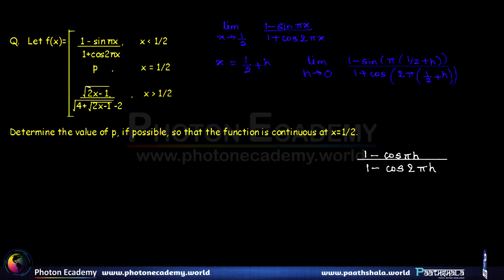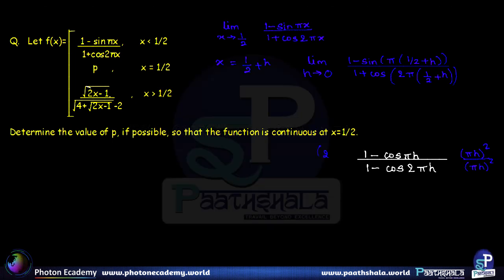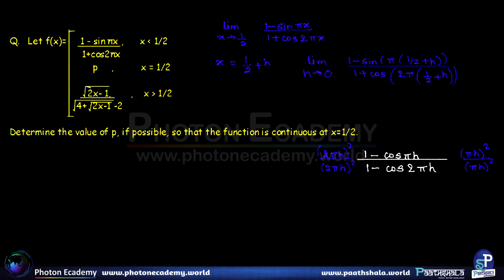We know how to solve such problems, right? We divide and multiply by theta square. So doing that, this is (pi h) square upon (pi h) square, and (2 pi h) square upon (2 pi h) square, and the limit is as h tends to 0. We know the formula for the limit as a tends to 0 of (1 minus cos a) upon a square.